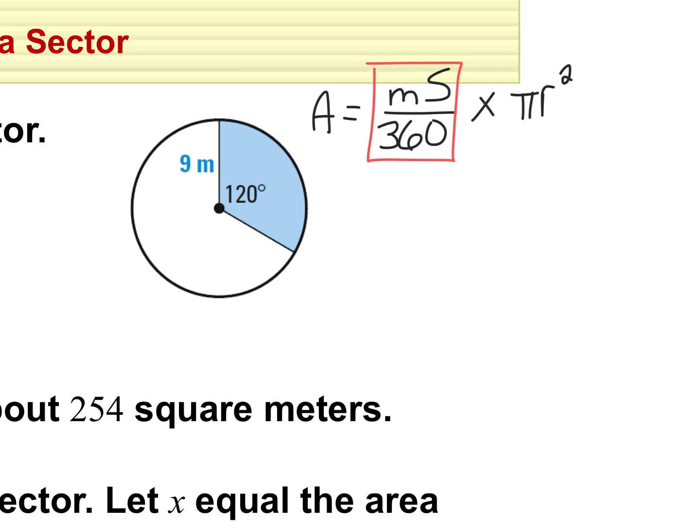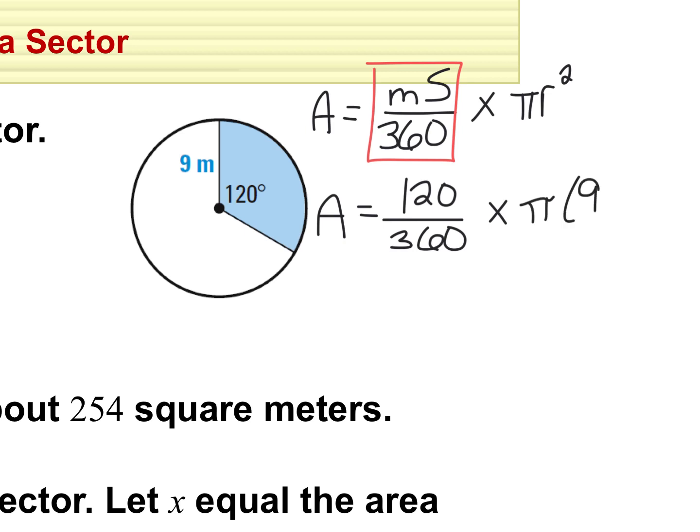So just plug in what you know. What's the measure of the sector? 120. 120 divided by 360 times, and then what's the radius? 9 squared.